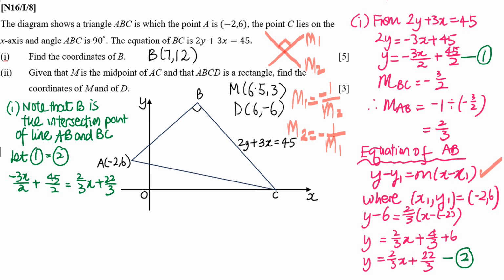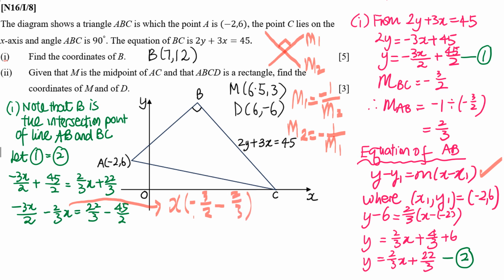What I've done is group all the terms involving x on the left hand side, and all other terms go to the right hand side. Basically you can just factorize your x out here, to get negative 3 over 2 plus negative 2/3.